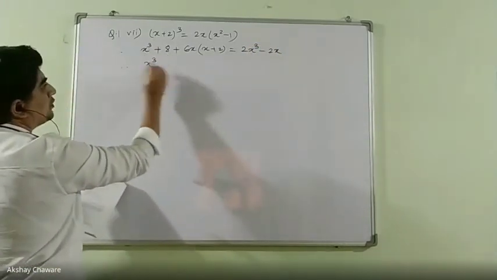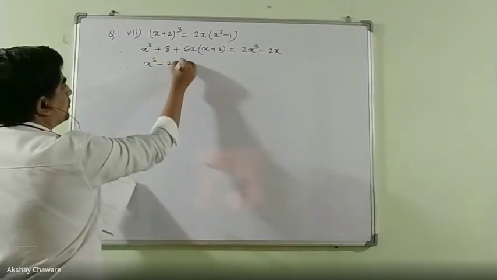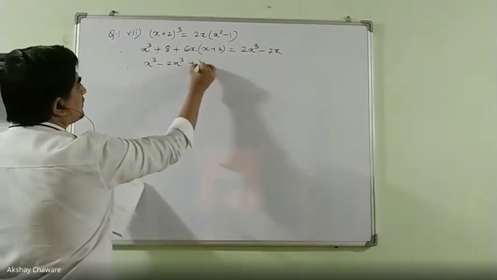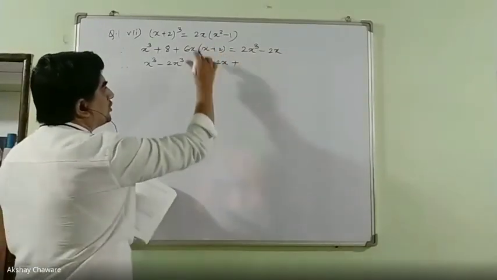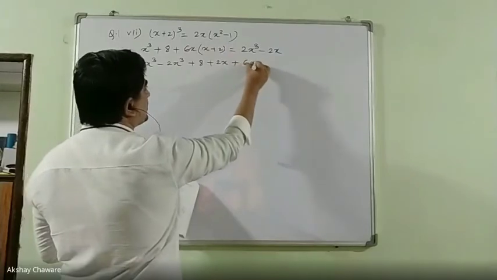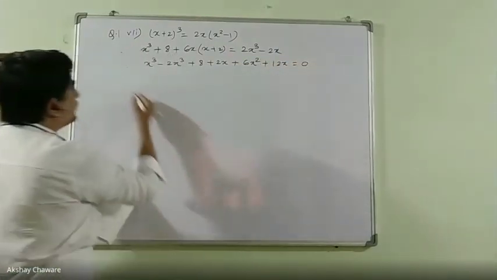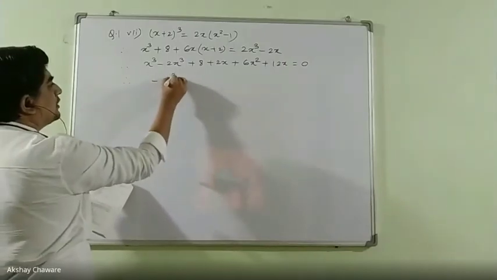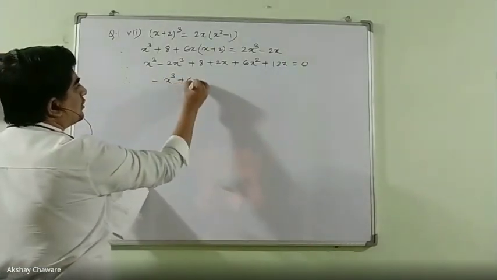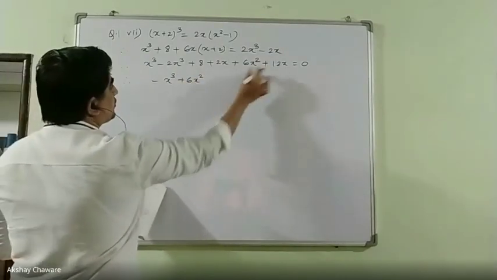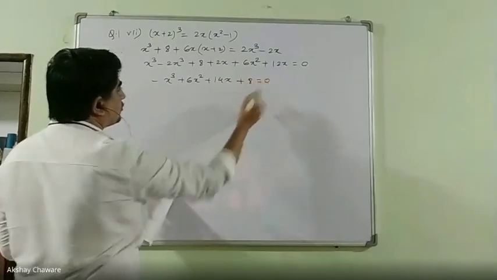Therefore x cube, then minus 2x cube, then plus 8 plus 2x, and then we solve these two terms. 6x into x is 6x square plus 12x, equal to 0. So minus x cube, then plus 6x square, then 2x plus 12x is 14x, then plus 8 equals 0.